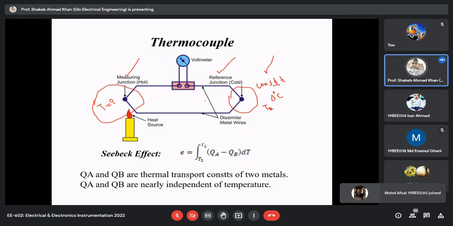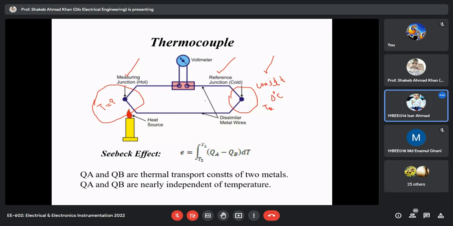It will not work on your whims and fancy. It will work as per the Seebeck effect. So if you satisfy the Seebeck effect, only then you will be able to use it. You got the point? Yes, sir. Thank you. Any other question?